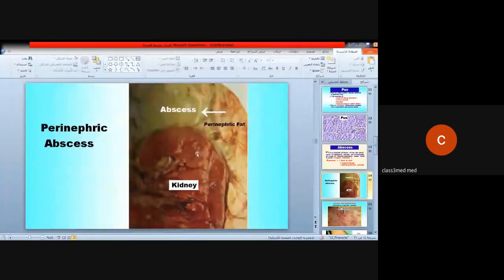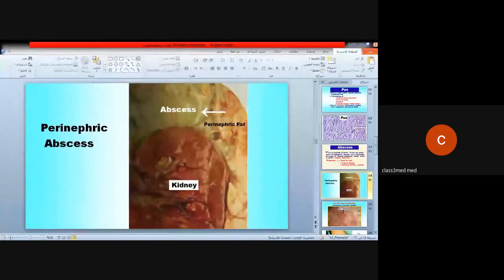This picture shows a perinephric abscess. This is the kidney. There is acute inflammation of the kidney, which is called acute pyelonephritis, by pyogenic bacteria, with spread of infection from the kidney to the perinephric fat.